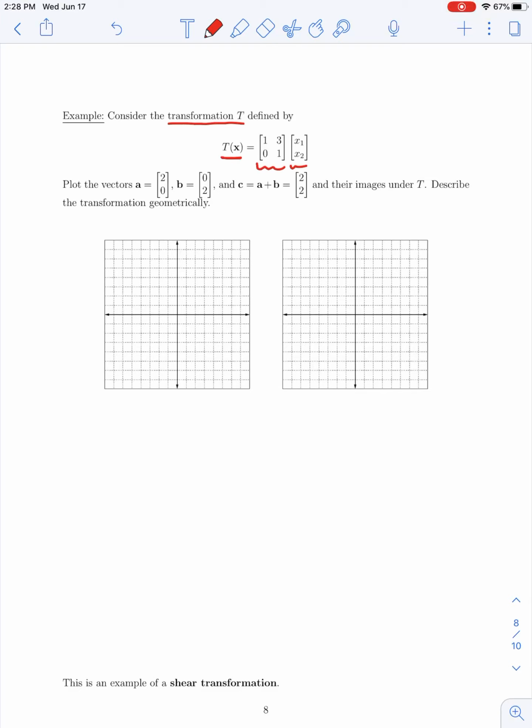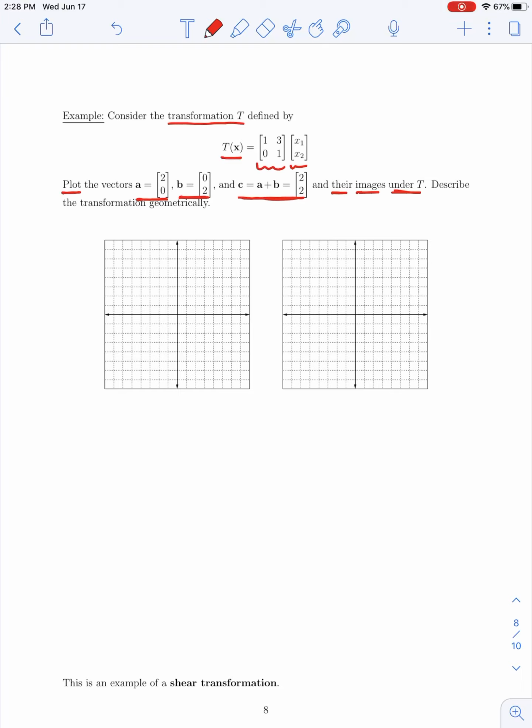So this is a transformation from the plane back into the plane. As with our earlier example, we are told to plot the vectors A, which is (2, 0), B, which is (0, 2), and C, which is defined as the sum of A and B, the vector (2, 2). And then we also want to plot the images under the transformation T.